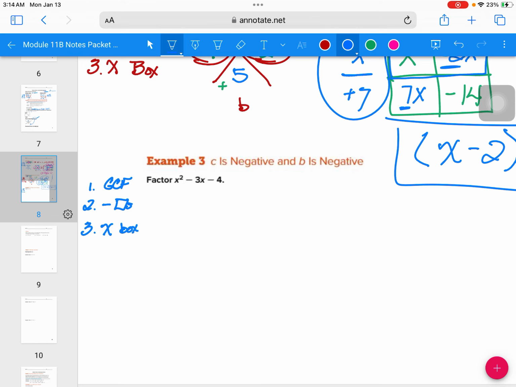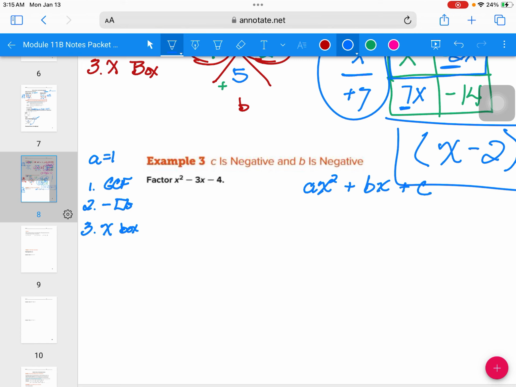All right, so x squared minus 3x minus 4. And all of these examples are where my a value is equal to 1. If you remember, the standard form for this is ax squared plus bx plus c, okay?